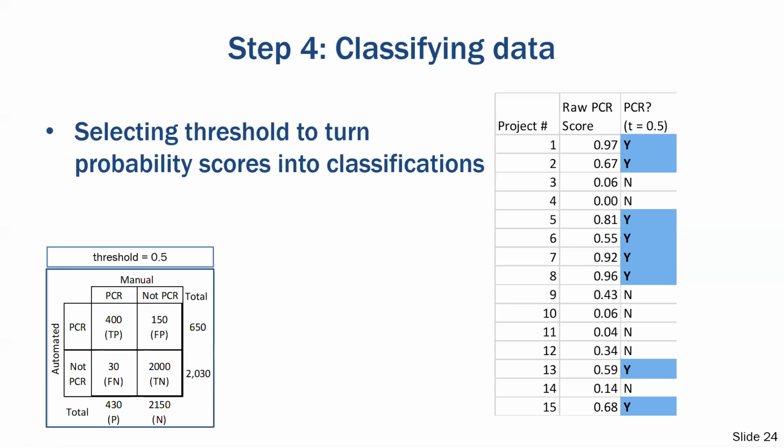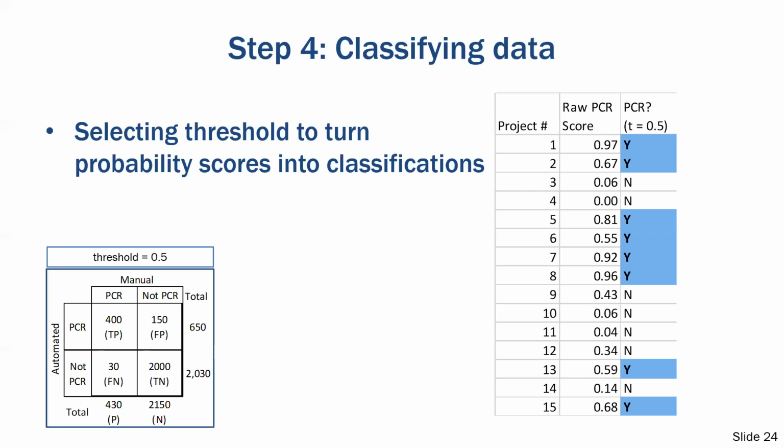If you actually add across, however, we're looking to get valid population estimates overall. How many projects in this portfolio are PCR or not? We're mostly interested in the total that are going to be classified as PCR or not.